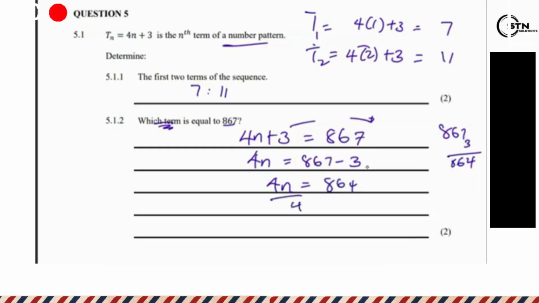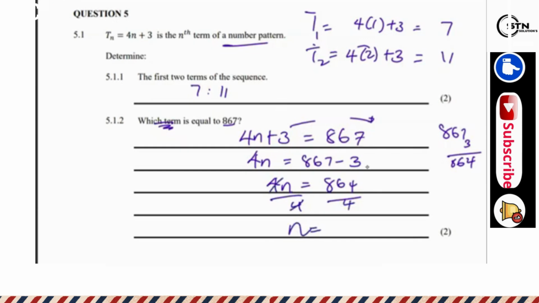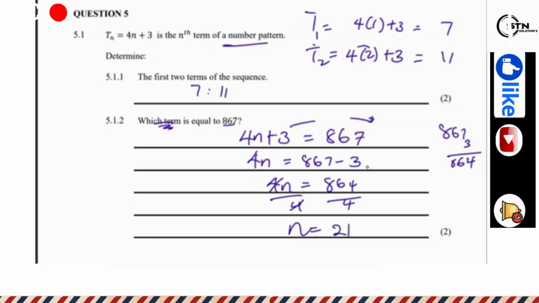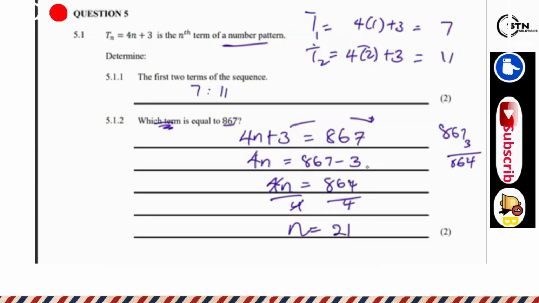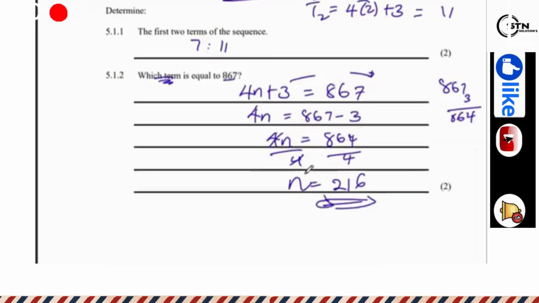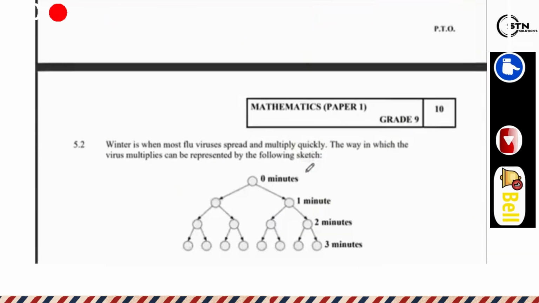Then let's divide both sides by 4. So n becomes 216. Okay, so that is what we have to do with 5.1.2.